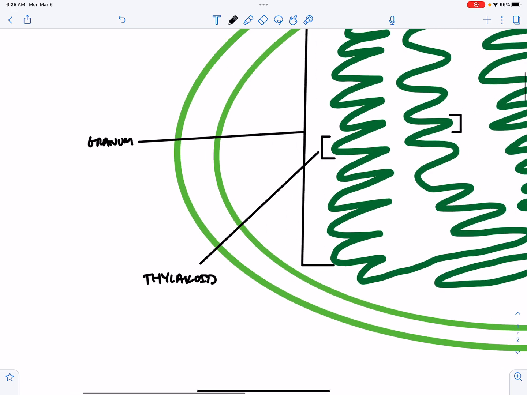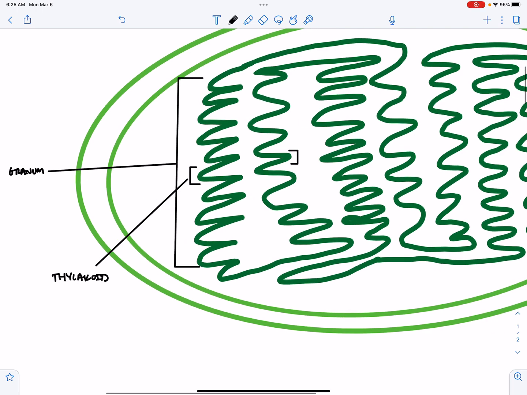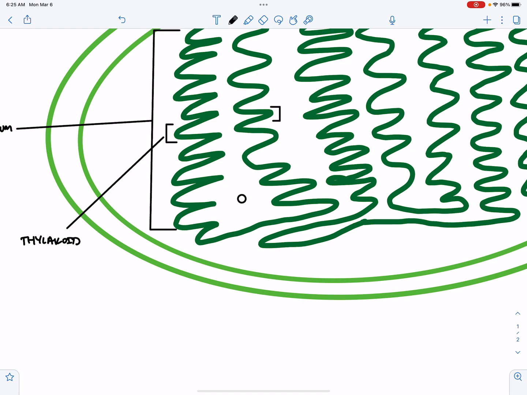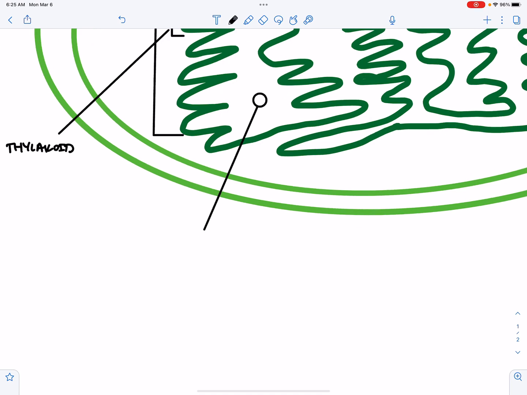I don't know why. It sounds like a granny to me. Okay, so we've got the thylakoid. We've got the granum, which is the stack of thylakoids. And the space that is in the very interior of this membrane system, the TMS, is called the lumen.